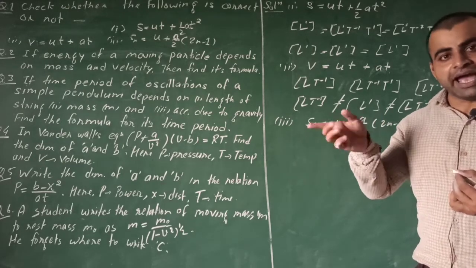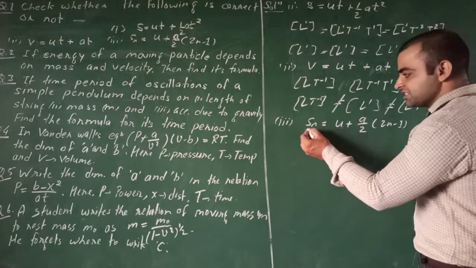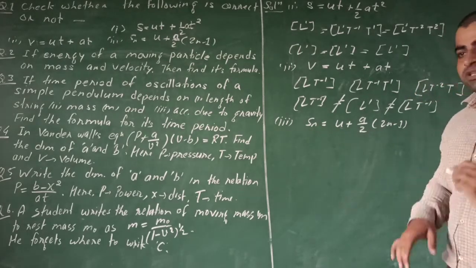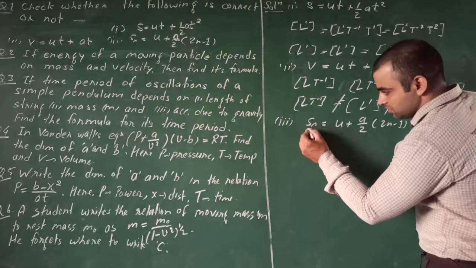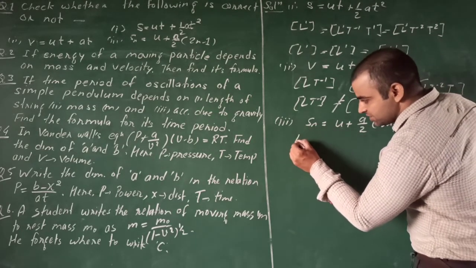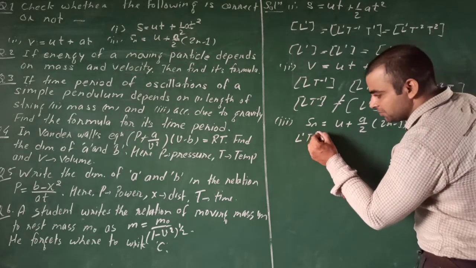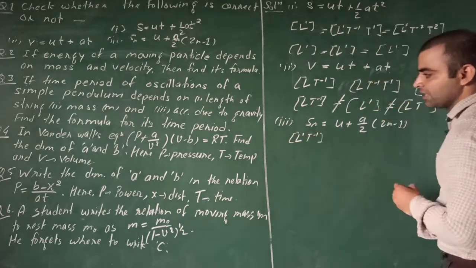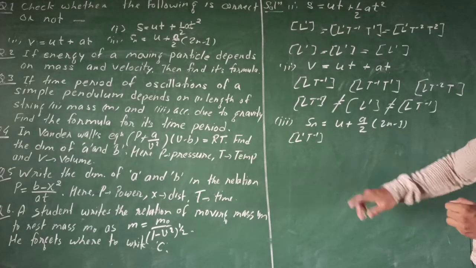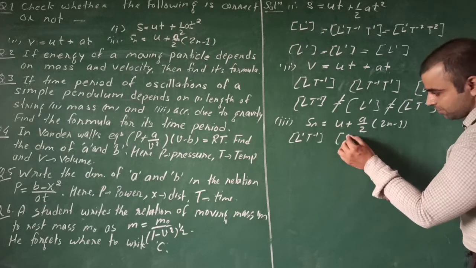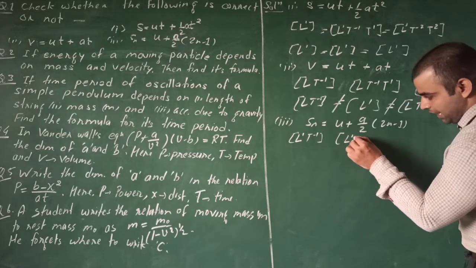Distance travelled in n seconds means distance by time, we can say. Sn means distance per unit time. For distance dimension is L1, per unit time t minus 1, so this will be L t minus 1. Now this is the velocity. For velocity dimension will be L t minus 1.